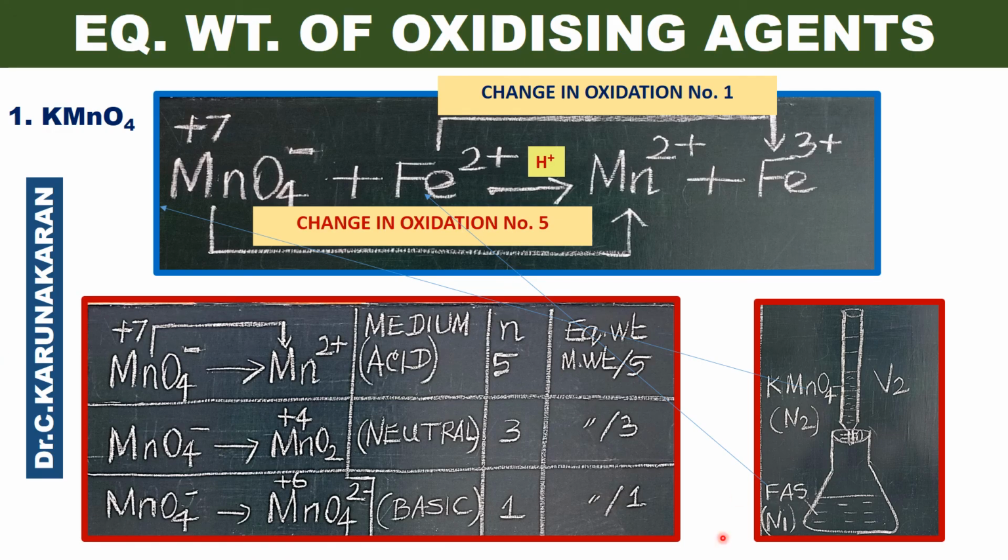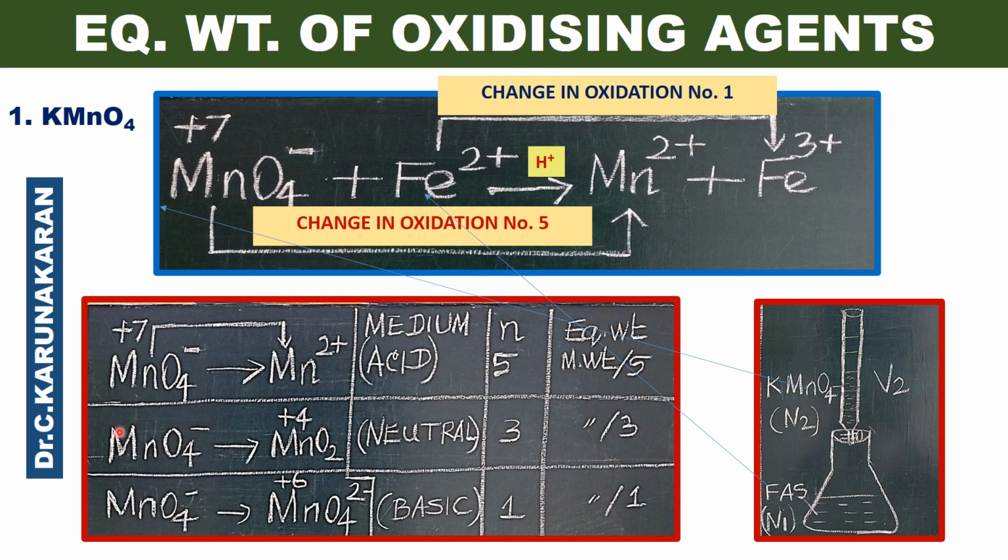As I said earlier, KMnO4 in acid medium is reduced to Mn2+. So the change in oxidation number, N, equals 5. Therefore, equivalent weight equals molecular weight divided by 5. On the other hand, in neutral medium, potassium permanganate is reduced to MnO2.